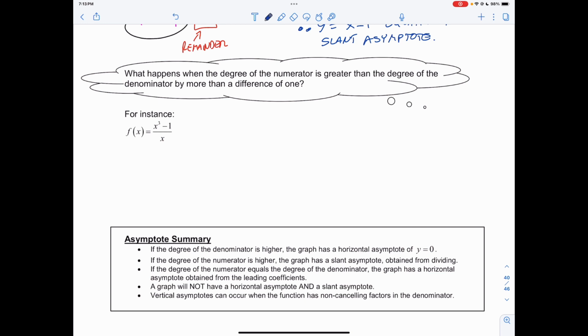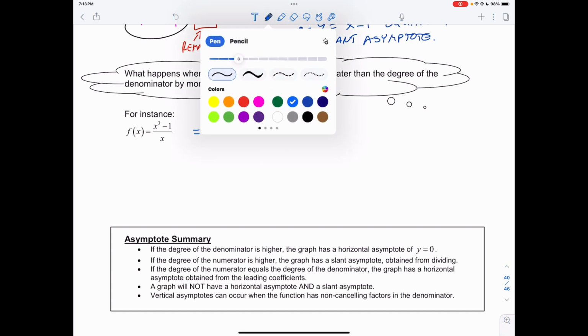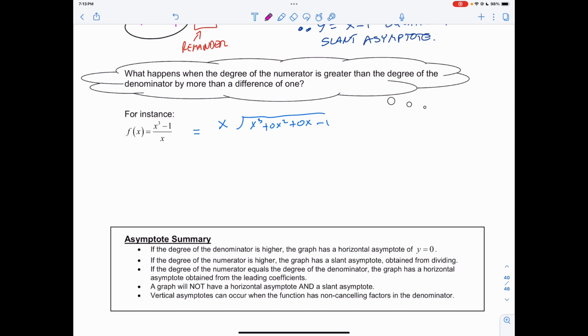What happens when the degree of the numerator is greater than the degree of the denominator by more than a difference of 1? So if I took f of x is equal to (x cubed minus 1) divided by x. Well, if I'm dividing this out, then I'm going to divide x out of x cubed plus 0x squared plus 0x minus 1 in order to cancel out the x cubed.